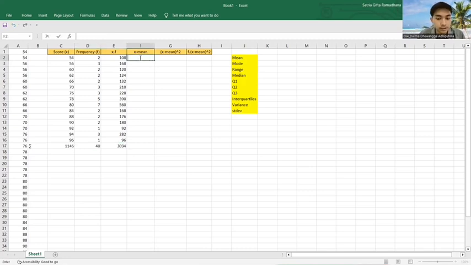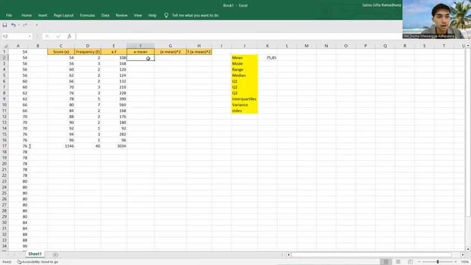So in this section, just press equal the sum of x times f divided by sum of frequency and enter. Sorry, move it to here. Now we already have the mean.